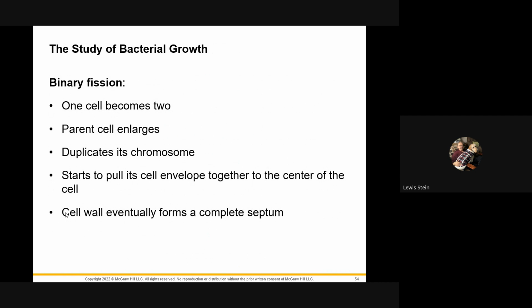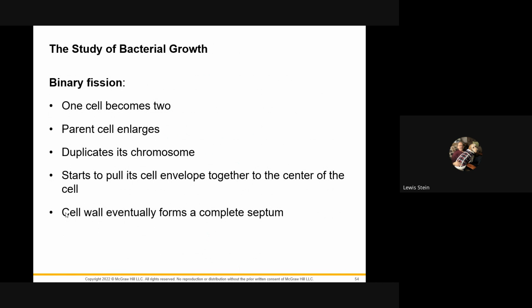But you can't study bacteria by infecting somebody and seeing how well or how bad they do to characterize their growth. So where do we do it? We do it in the laboratory. When an infection affects you, we call it an open system. In the lab, when you put bacteria on a plate or in a test tube, it's called a closed system.